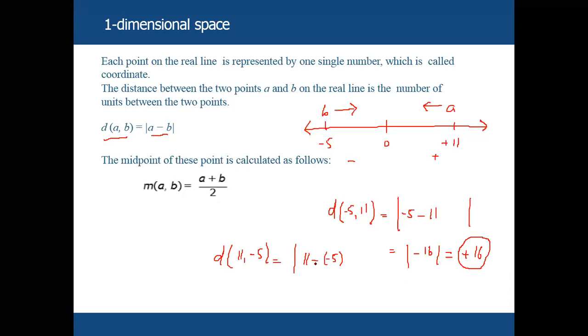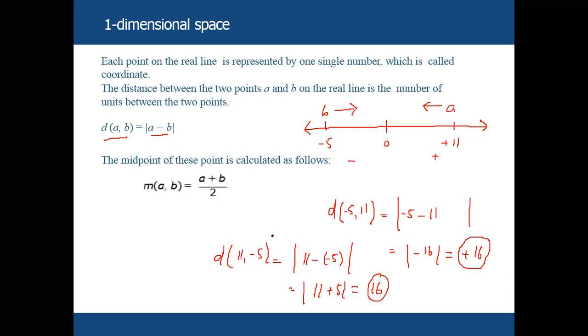One minus is from the formula, the second is with the number. So 11 minus minus becomes plus, so plus 5. So 11 plus 5 equals 16. The distances are the same. How do we find the midpoint between these 2 points?